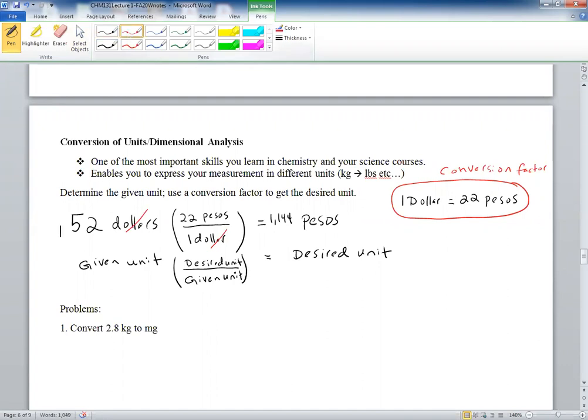So again, the given unit is going to cancel out, and the desired unit, that is what you're going to end with. Now, you can have more than one conversion factor. So you actually have to go through another conversion factor, and you will see these as we go. But again, this is the conceptual framework.